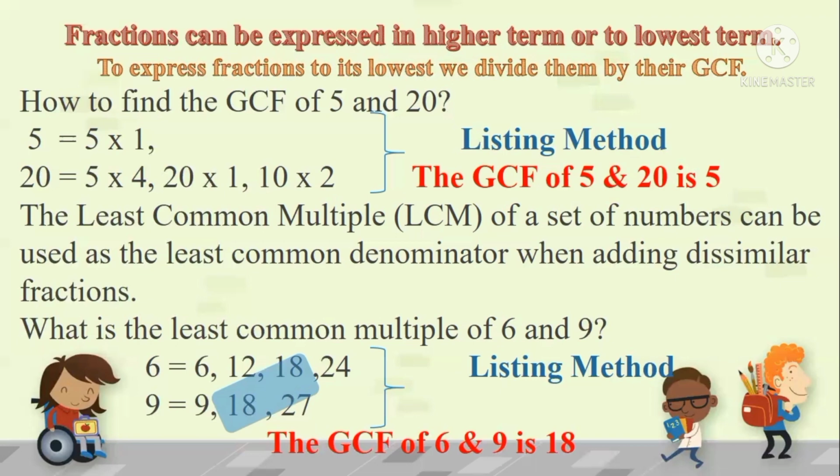Now, you've seen already the common multiple of 6 and 9, which is 18. So therefore, the LCM of 6 and 9 is 18. Did you follow? Are you still with me?